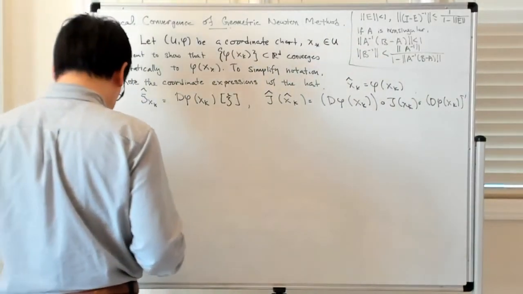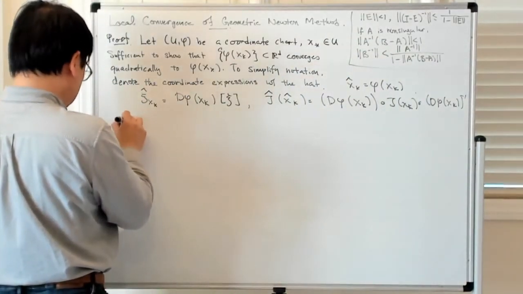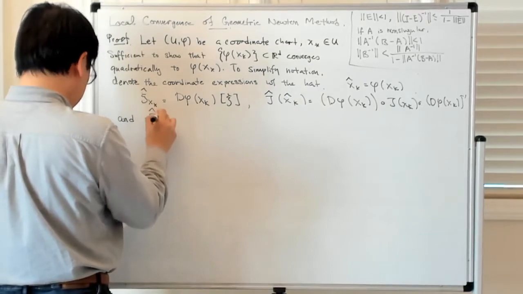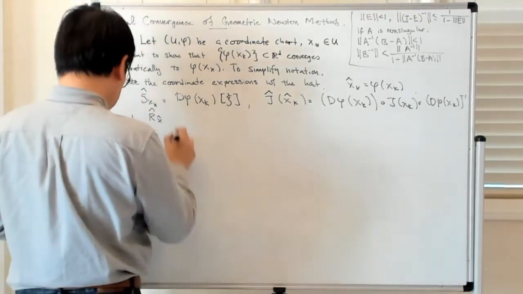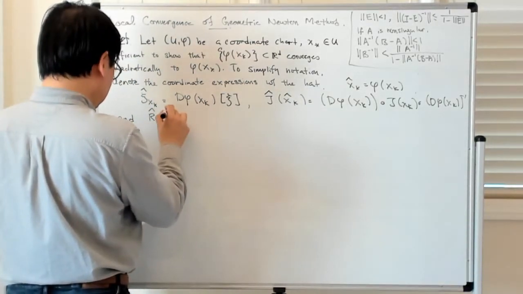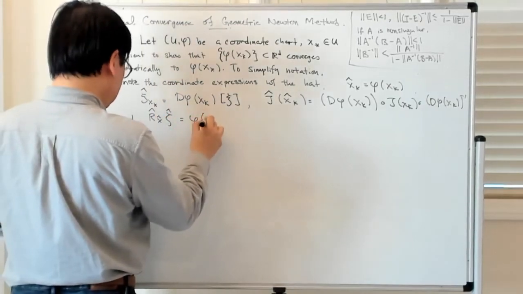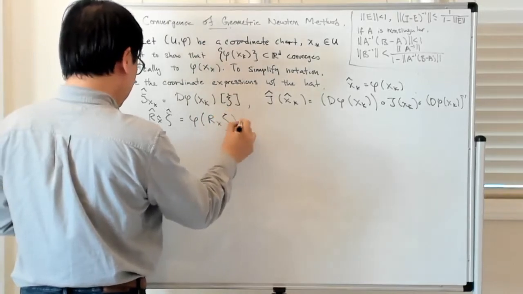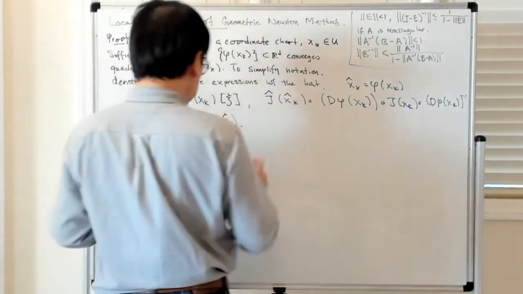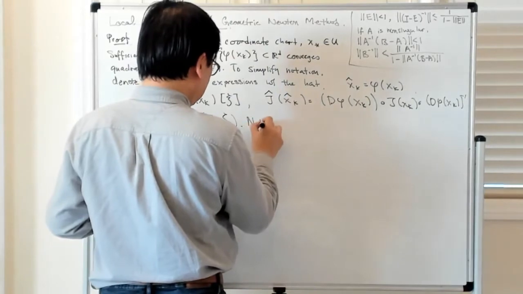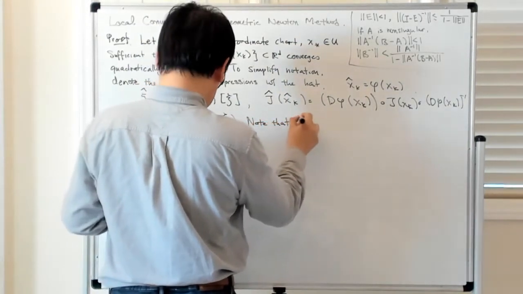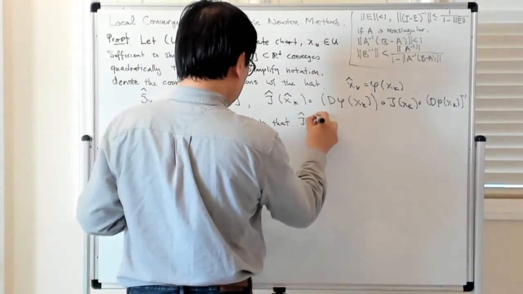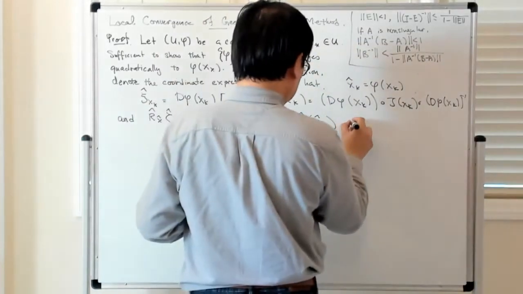And R hat x hat, for some vector, is equal to just the coordinate function applied to this. Note that this Jacobian J hat xk hat is a linear operator.